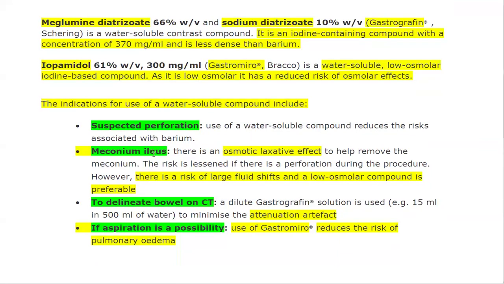If the patient is having meconium ileus, something like this, it will have a laxative effect, but you must be sure that the patient will not be dehydrated from this one. So if you are going to use this in meconium ileus, especially in the neonatal age group, you dilute this to make it more low osmolar in effect, to prevent large fluid shifts and causing a quite serious problem to the child as well.